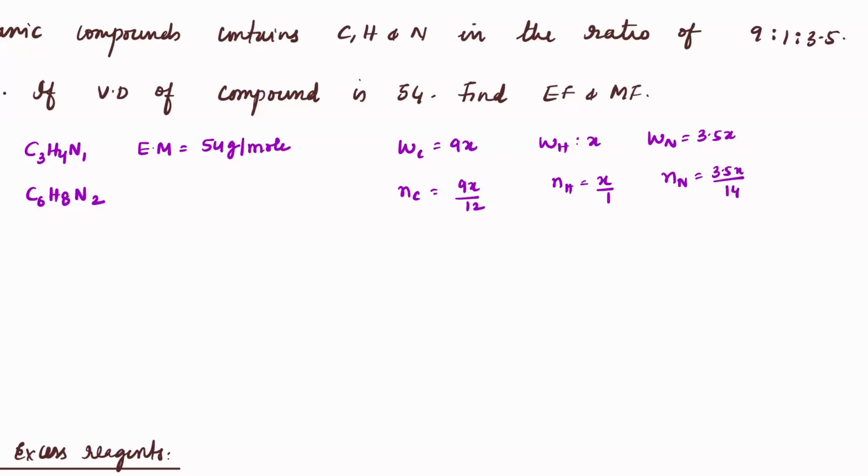Correct? Now nitrogen is the smallest value here, so you divide by it for hydrogen as well as carbon. The approximate closest values you will get are 3, 4, and 1. So that becomes the empirical formula.